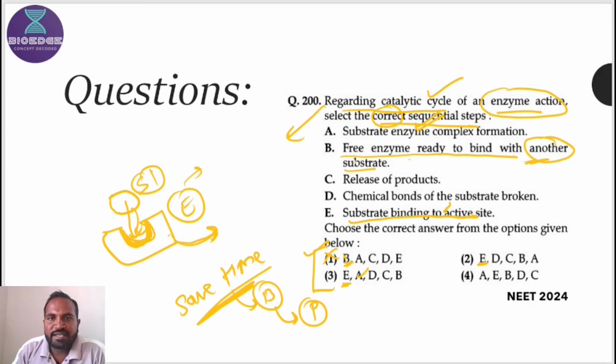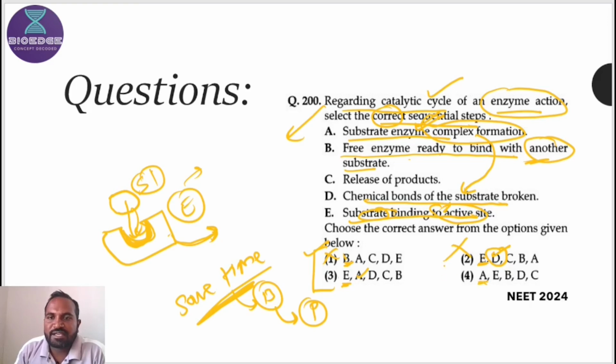Then here is A. Substrate enzyme complex formed, correct. So there would be a formation of complex. Here D: chemical bond of the substrate broken. After formation of the enzyme substrate complex, there would be breaking and making of bonds. But here it is given right after binding of the substrate to the active site, so this option is wrong, and that option is correct.